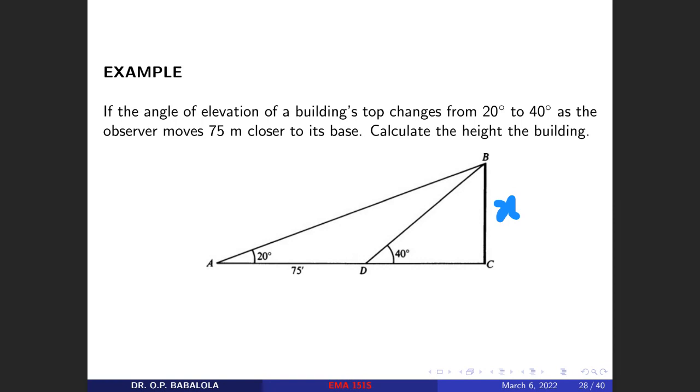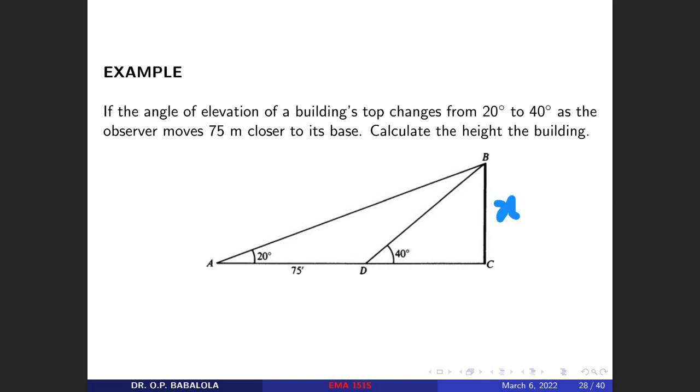And what trigonometric ratio are we going to use in this case? We are considering the big triangle ABC. So we have angle 20, we know that.